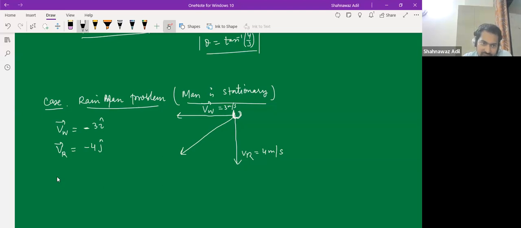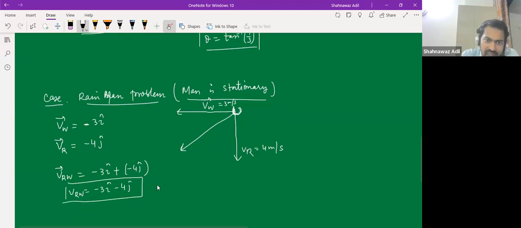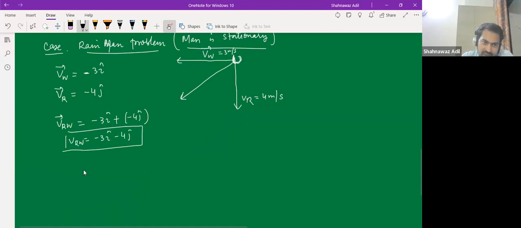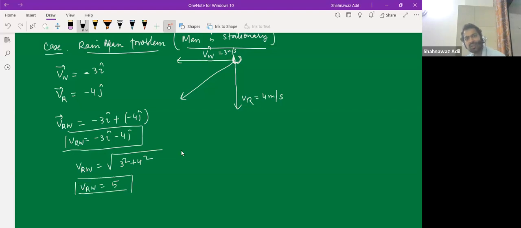The resultant velocity is minus 3i plus minus 4j. If I want to calculate the magnitude, this would be simply the square root of 3 squared plus 4 squared, so this is 5. This is the velocity with which the rain is pouring down.